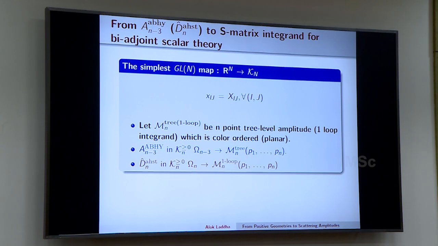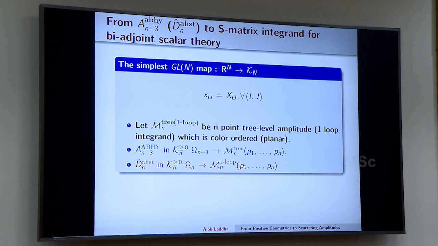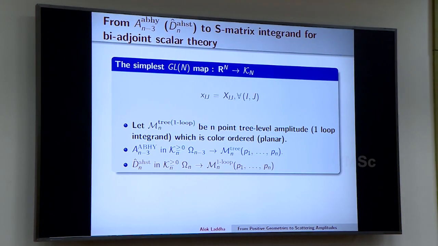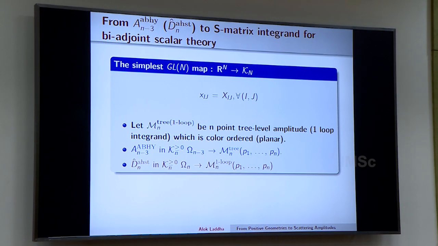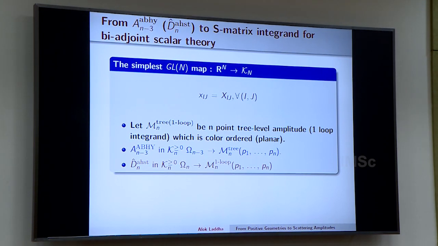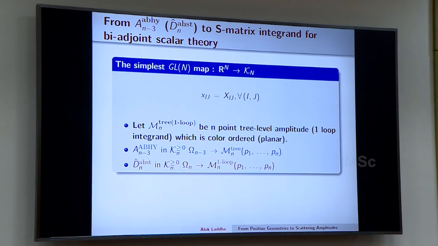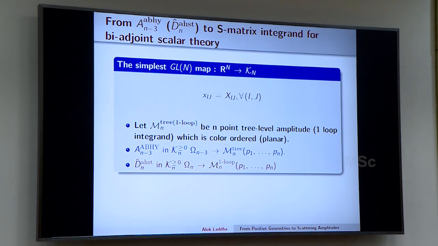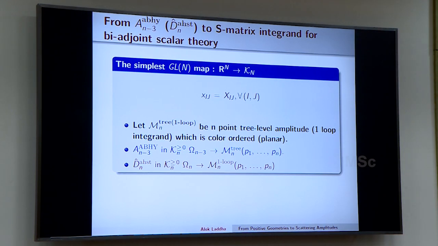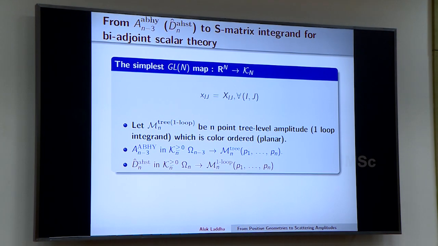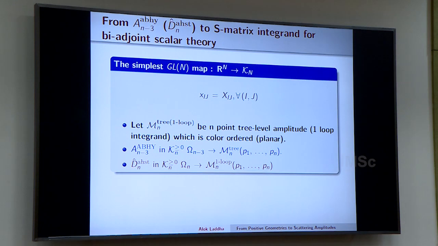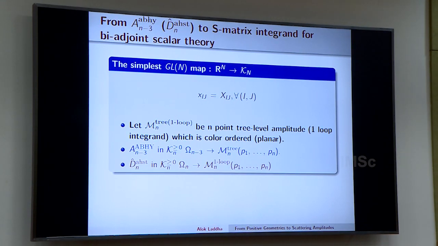And the Lagrangian you come out with is this theory where you have scalars with two adjoint indices and cubic interaction. What about other cases, like fundamental, bifundamental and all this? Actually there is work. If you couple, for example, this bi-adjoint scalar to a bifundamental scalar and look at Yukawa type coupling, they are coming from what are called open associahedra. People have found them also, but they are a bit more subtle to define than this.